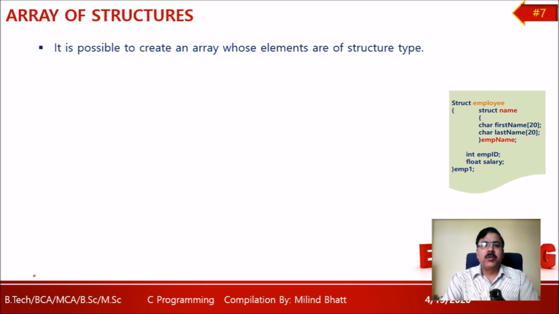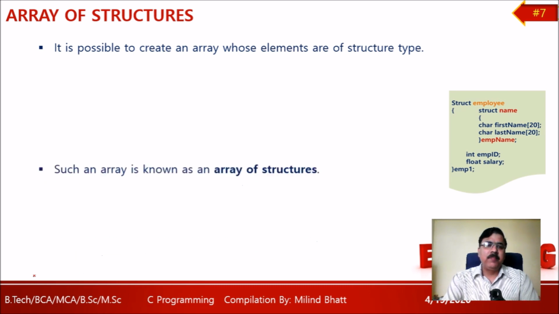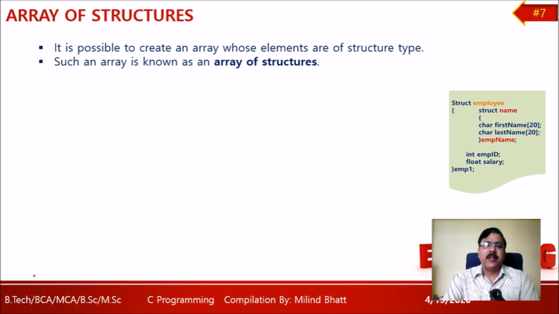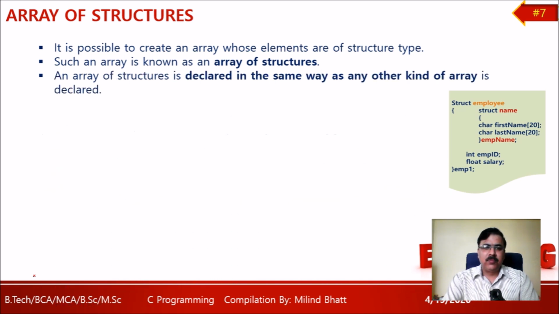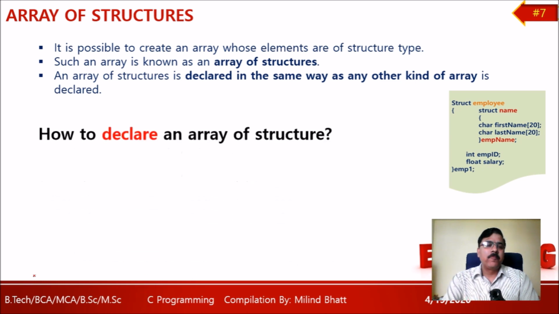It is possible to create an array whose elements are of structure type. Such an array is known as array of structures. An array of structure is declared in the same way as any other kind of array is declared. We have seen that example earlier on the same screen.